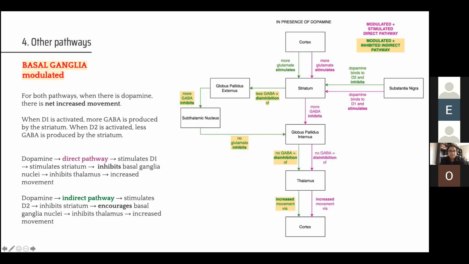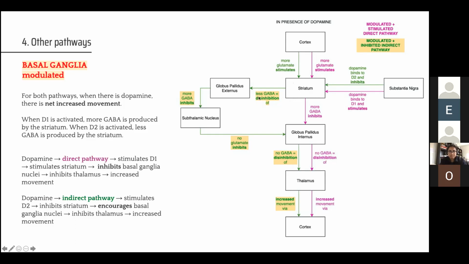So for the direct pathway, dopamine binds to D1 receptors. However, for the indirect pathway, it binds to D2 receptors. As a result of that, it actually inhibits the striatum instead of stimulating it. And because the striatum is inhibited, it sort of overtakes what the cortex is trying to do. So all of these yellow highlighted parts are now opposite.